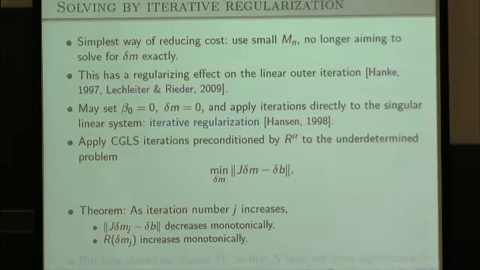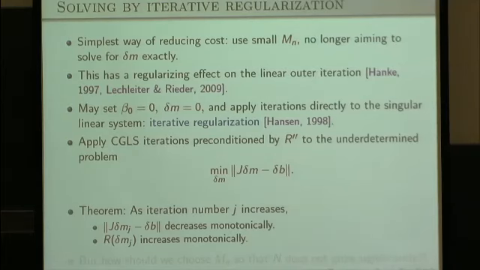It's a bit too general a name for a particular method, really. But the point is what it does, rather than what its name is, and what it does is it basically applies conjugate gradient least squares iterations to solve this sort of problem, G delta m minus delta b.